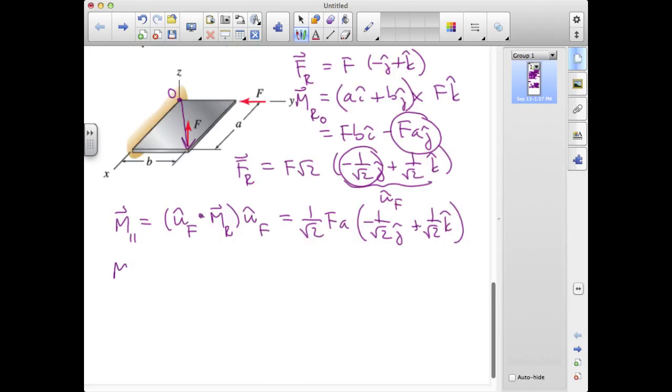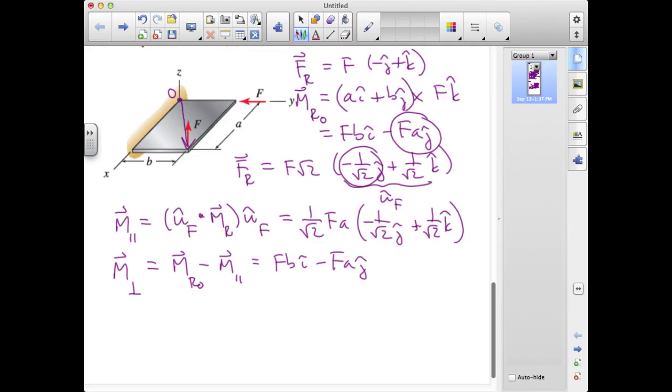So our perpendicular moment is then the difference between the resultant moment and the parallel moment. So that's FB in the I direction minus FA in the J direction. And then we're subtracting off the parallel part.